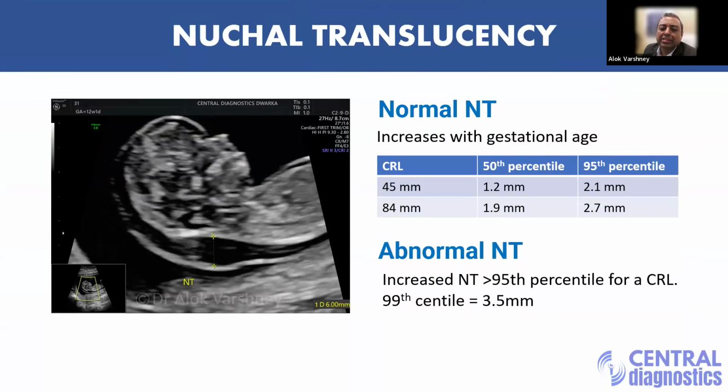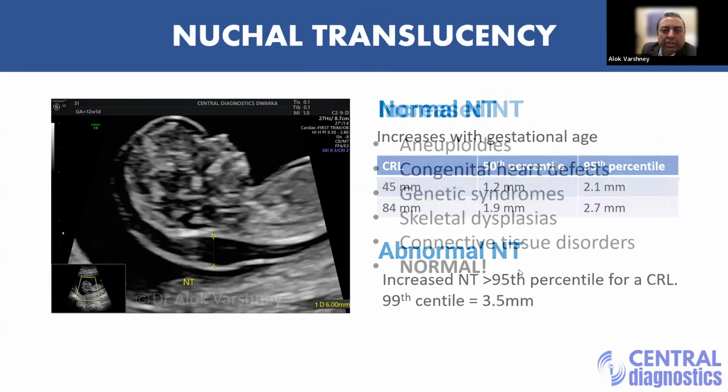We calculate the percentile, but if the NT figure is more than 3.5 millimeters, that is considered as the 99th centile for any gestational age, and an abnormal NT is more than the 95th percentile for a CRL. So we measure the NT and then we go through the nomograms, and that calculates the percentile value.